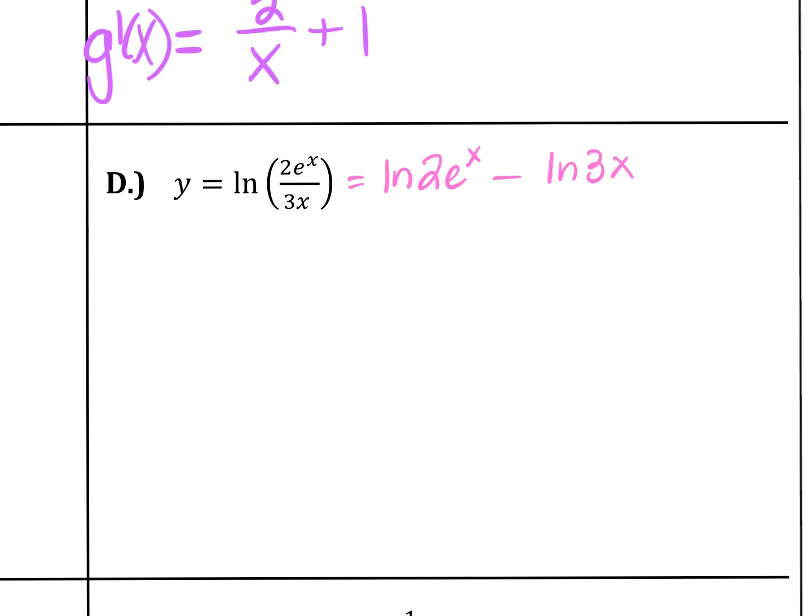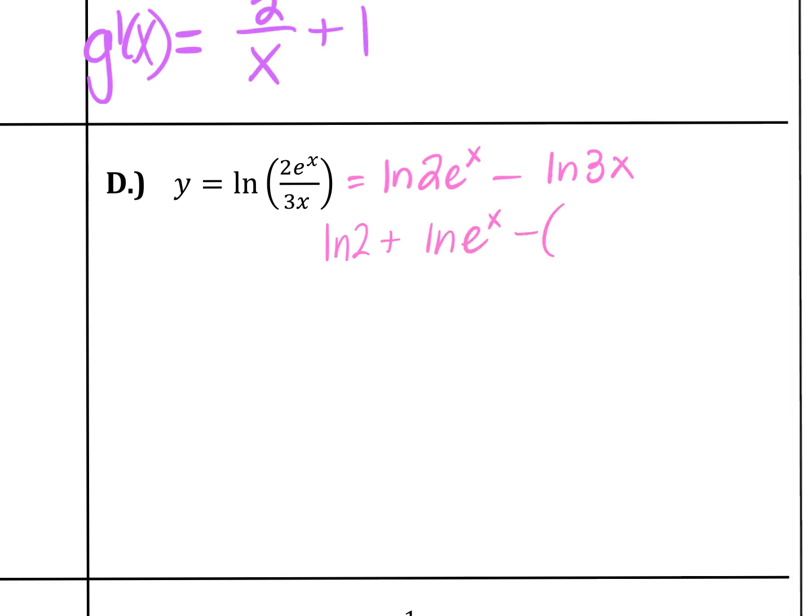Okay, so 2 times e to the x. We're multiplying so it can become addition. So we have ln 2 plus ln e to the x.